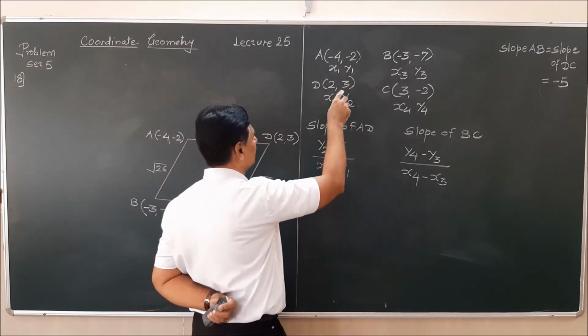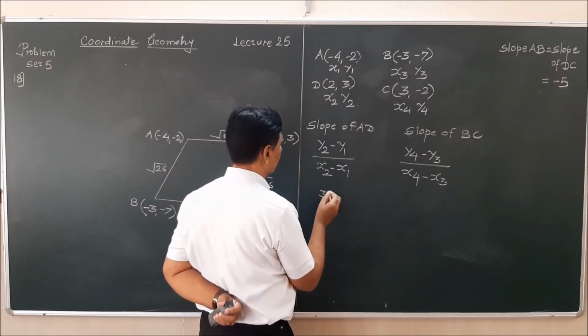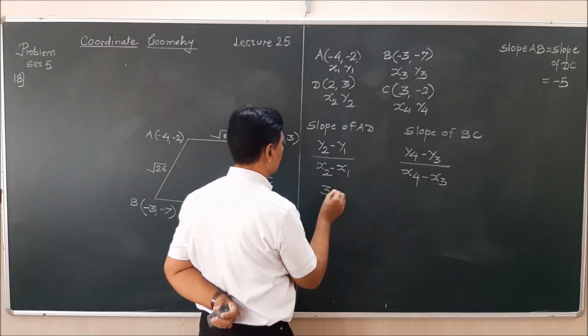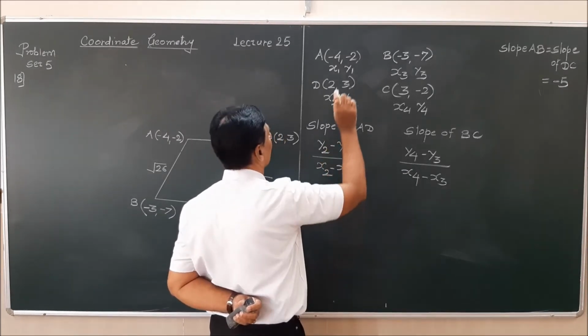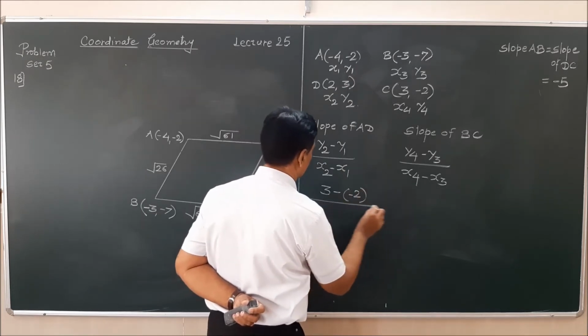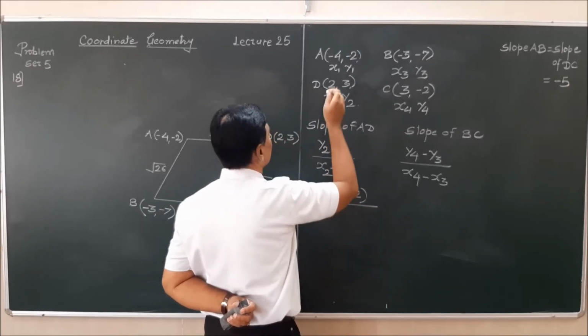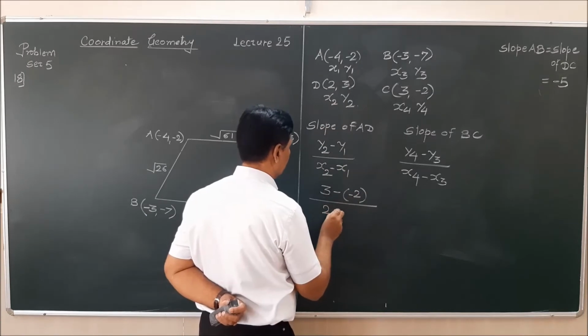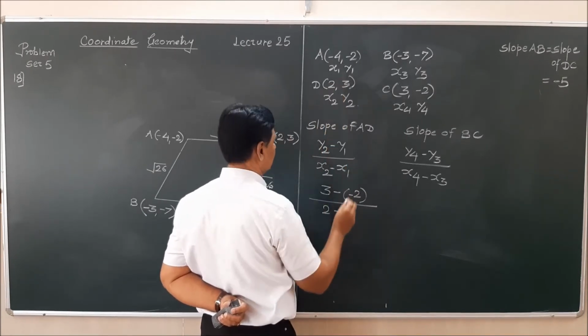y2 minus y1: 3 minus of minus 2. x2 minus x1: 2 minus of minus 4.